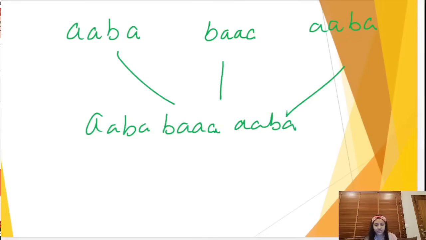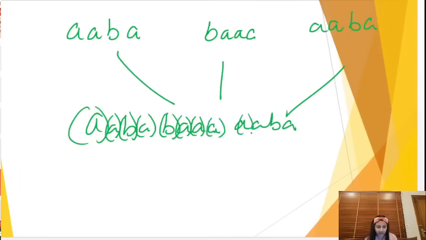Now we have just seen that if we have to check whether any particular string belongs to the language or not, we can factorize it. And if the factors of that particular string belong to my original set, then we say that the string also belongs to my language. So if I make the factors of it, I will get 2 factors only, either A or B.